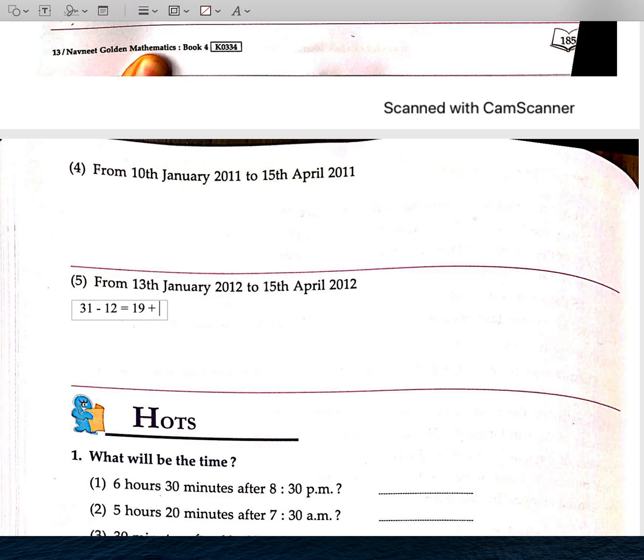Then we will add February, which has 28 days in a non-leap year, but now it is a leap year, so we'll add 29. After February there's March, so 31, and then we will add 15. So now when we add 19 plus 29 plus 31 plus 15, we get 94. So it is equal to 94 days.